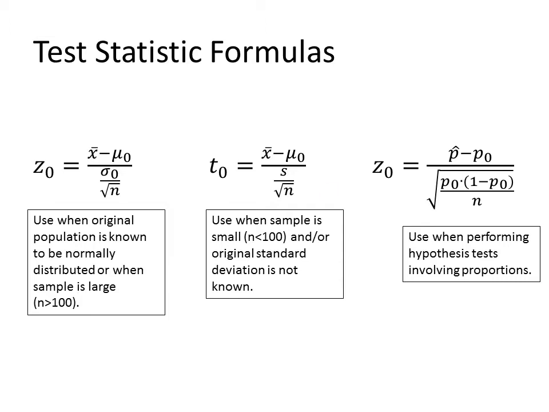The next formula is used when we have a sample that is small, say less than 100, or the original standard deviation is not known. That is, we have to rely on our sample standard deviation. The final formula we use when we're performing hypothesis tests involving proportions. In this video, we're going to be looking at a couple of examples.